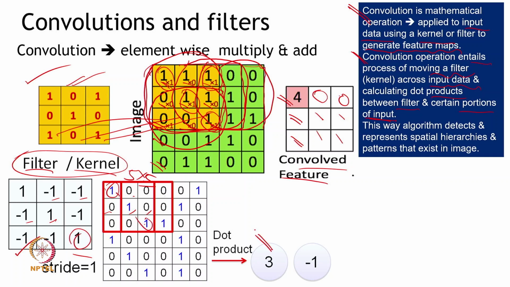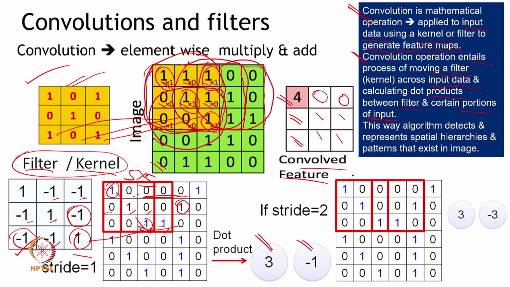So we get a dot product of 3. Now we move by 1, as I said stride 1. The next time I will be multiplying 1 into 0, minus 1 into 0, minus 1 into 0, again minus 1 into 0. So the first 3 will be 0 overall, and the overall summation here turns out to be minus 1. So this is a kind of stride 1.